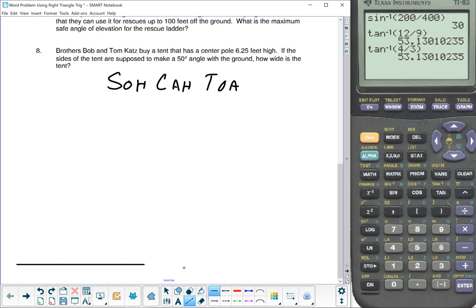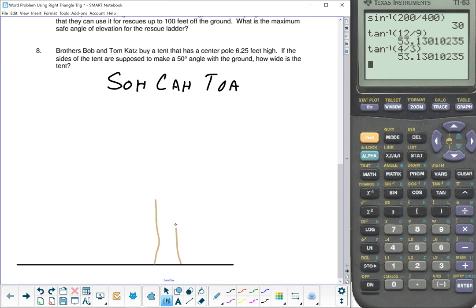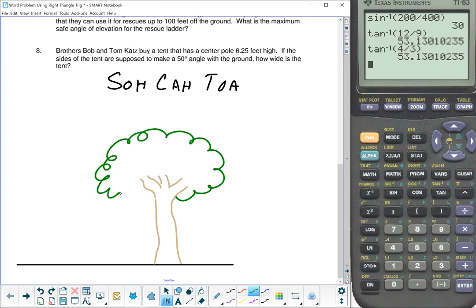We have the ground. We have a tree. Just do what you can. I'm not the best artist, but I do enjoy messing around. You are on the ground.